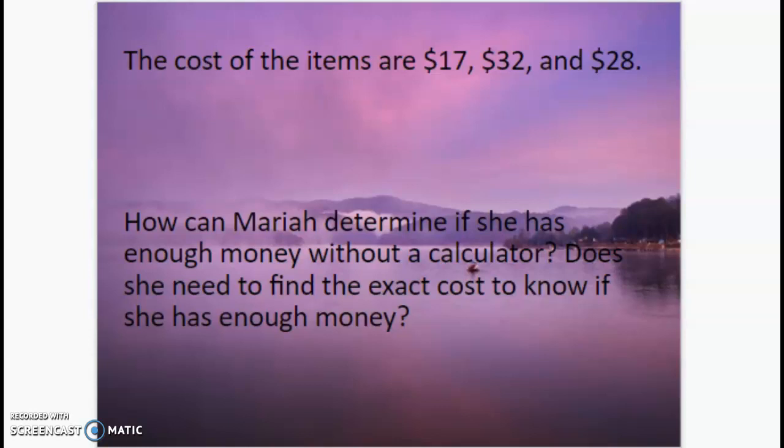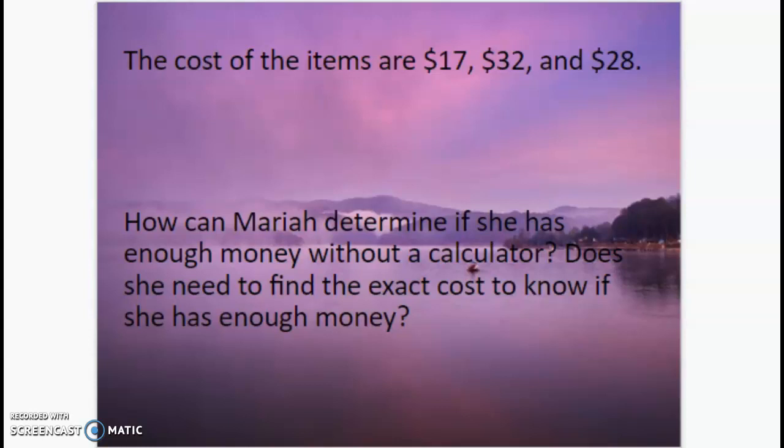And does she need to know or need to find the exact cost to know if she has enough money? So one of the ways that Mariah could do that would be to use rounding or an estimation, because those numbers become nice and friendly. They're easier to add or subtract within our head.